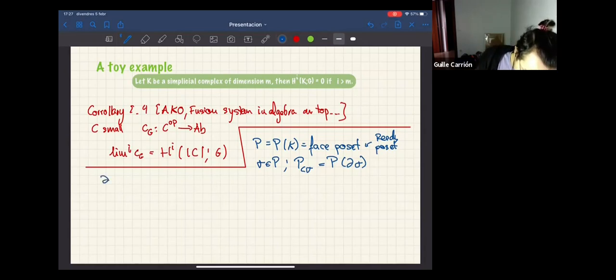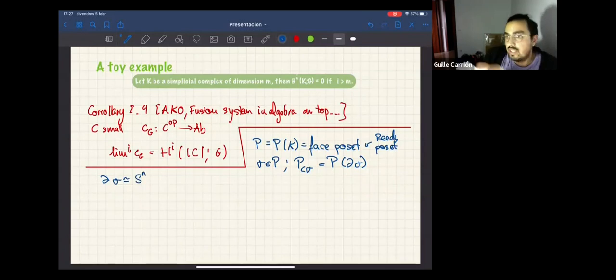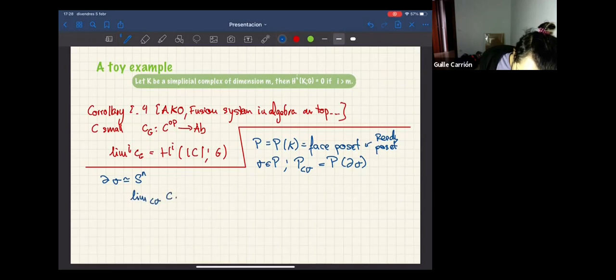Observe that trivially this has the homotopy type of a sphere. So we know these groups, and we want to compute this for the constant functor by this result.